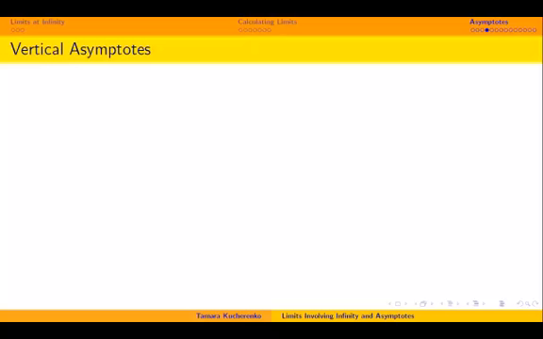We are also interested in vertical asymptotic behavior, where the function value f of x approaches positive or negative infinity.